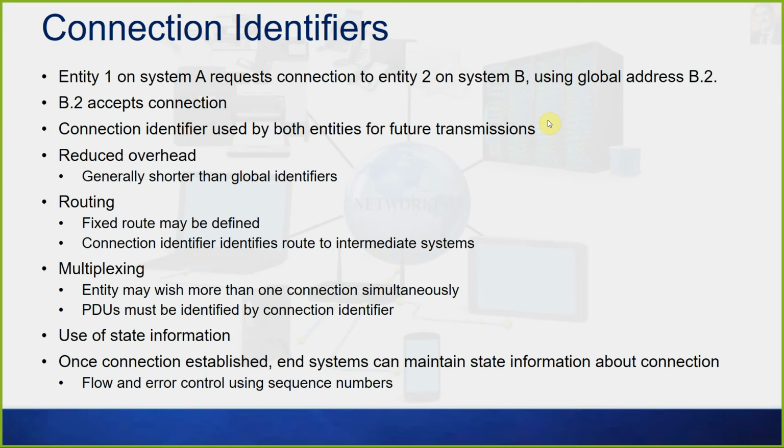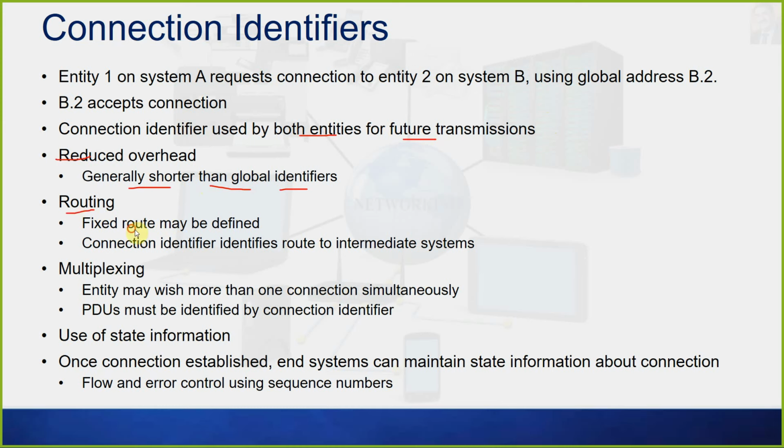Connection identifier, in our previous figure: entity 1 on system A requests a connection to entity 2 on system B using global address B2. B2 accepts the connection. The connection identifier is used by both entities for future transmission, with reduced overhead, generally shorter than global identifiers.